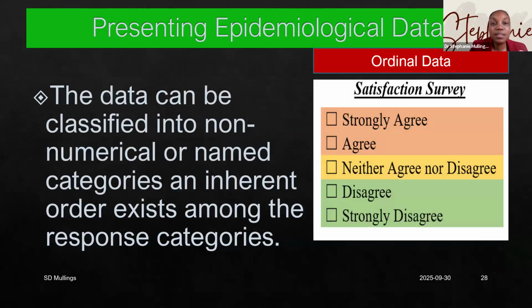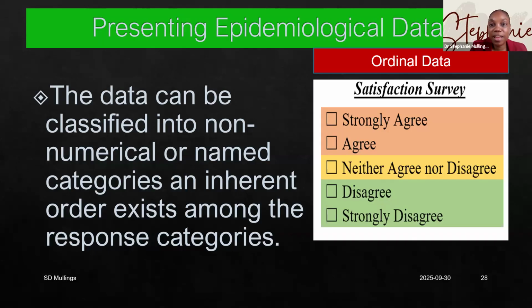All right, then there's the ordinal data. And again, we are categorizing these as it relates to non-numerical, all right? So it's really ordering, or we are classifying them based on a prescribed description that we would have given.